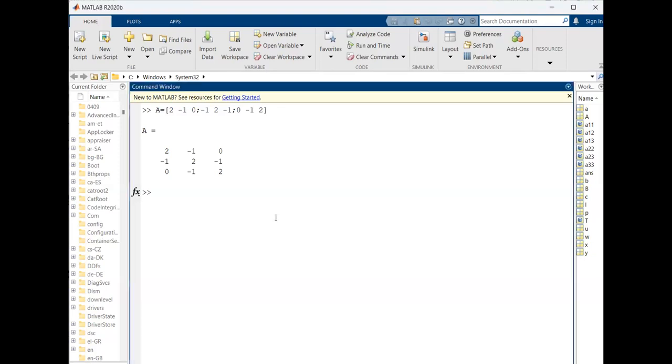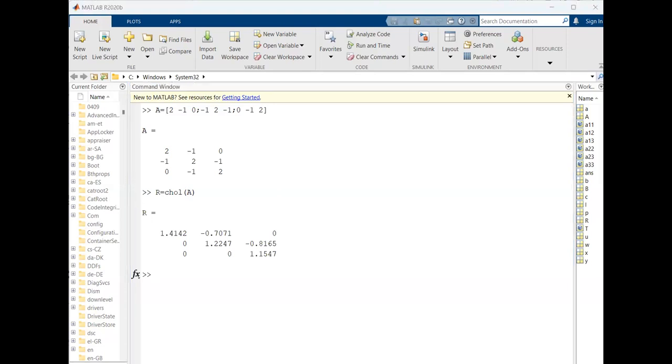Okay, so we have this. Then we can do R equal to chol of A, and it gives us the R, right? So if we annotate it, basically what we have done is that A is equal to R transpose R.